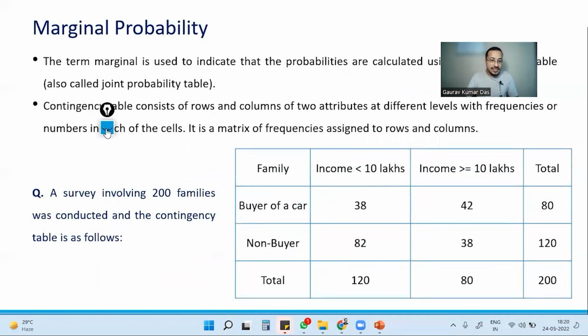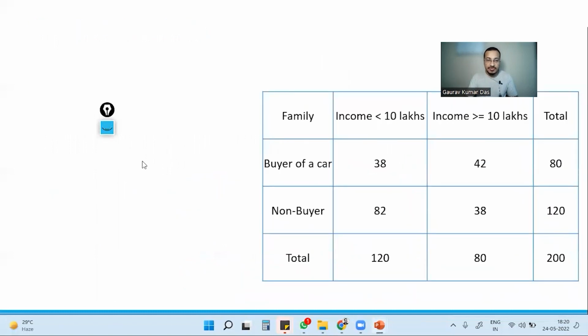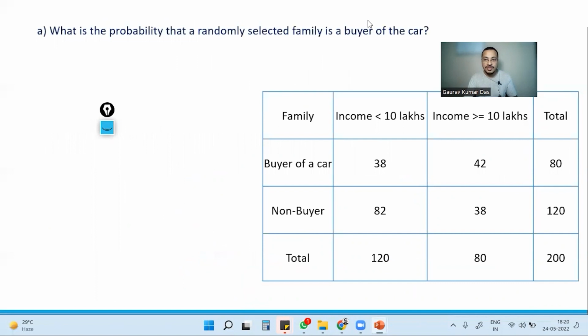Okay. So let's take up some questions and try to solve them. So this is the table. What is the first question? What is the probability that a randomly selected family is a buyer of a car? Total families, how many do we have? We have 200 families, right? So this total which you see has been calculated this way, and this one this way.